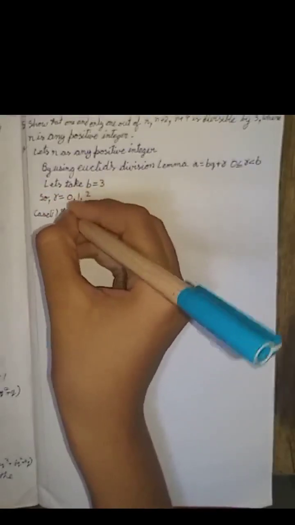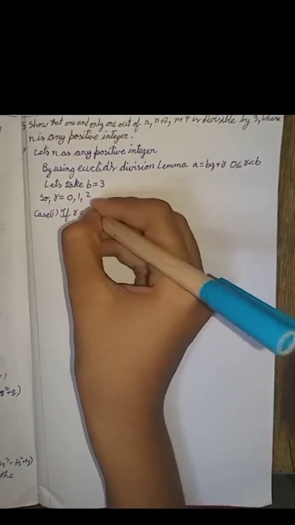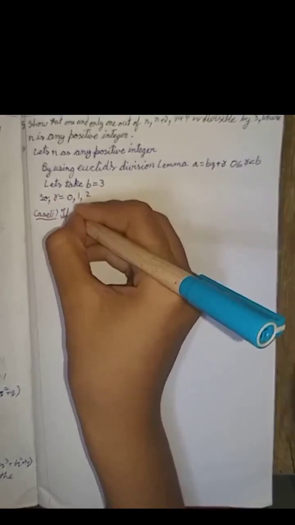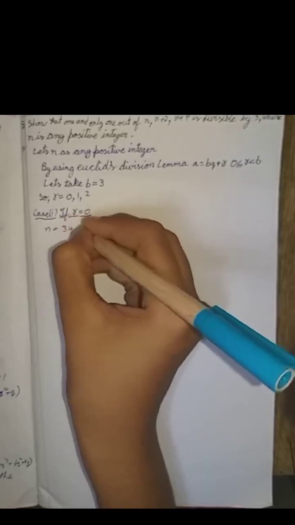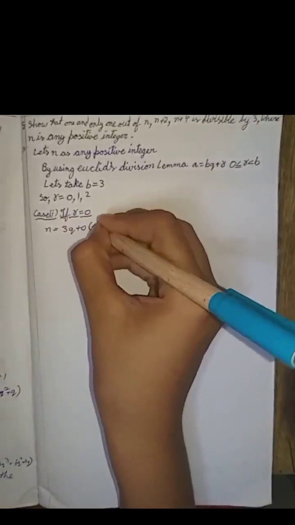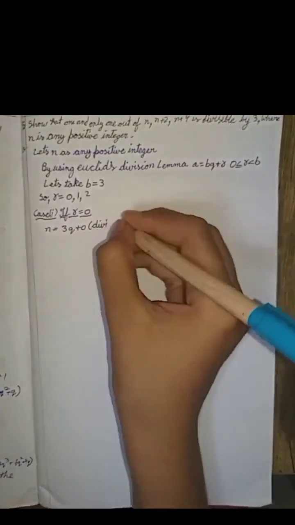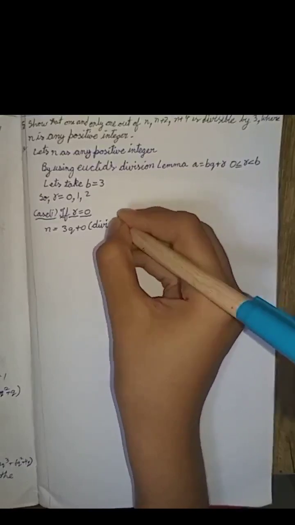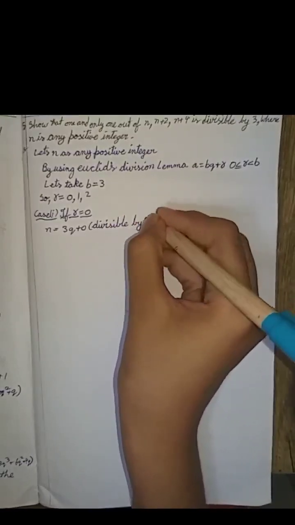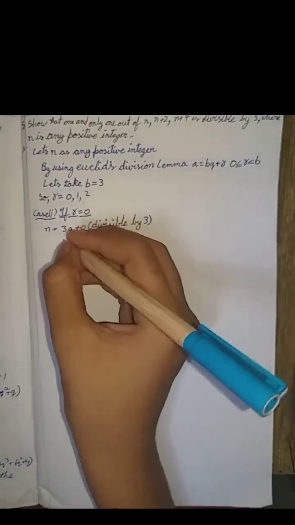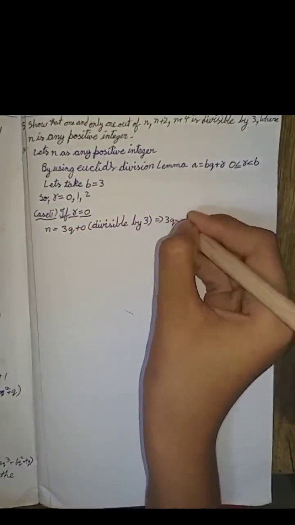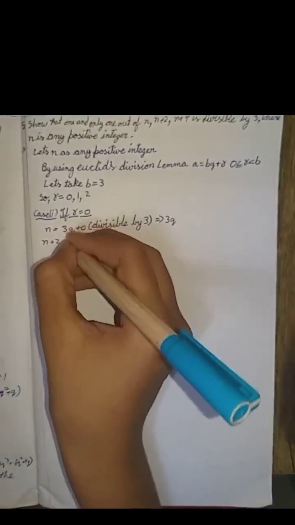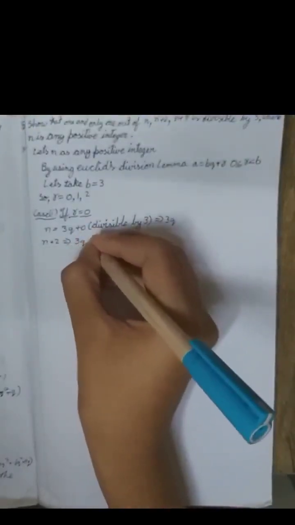In case 1, if r is equal to 0, n is equal to 3q plus 0, divisible by 3. n plus 2 is equal to 3q plus 2.